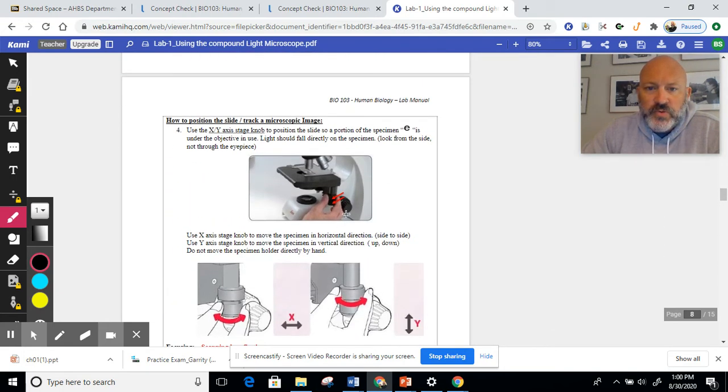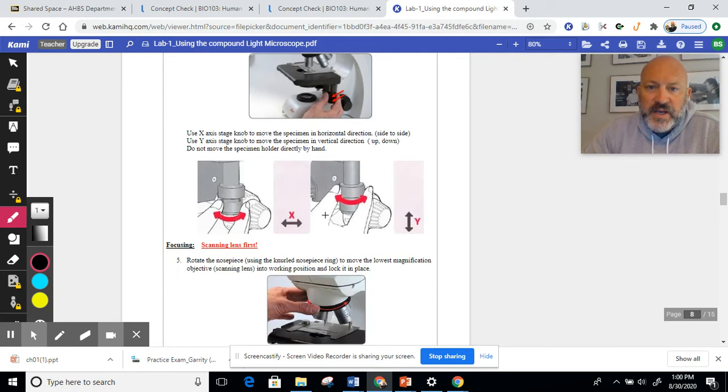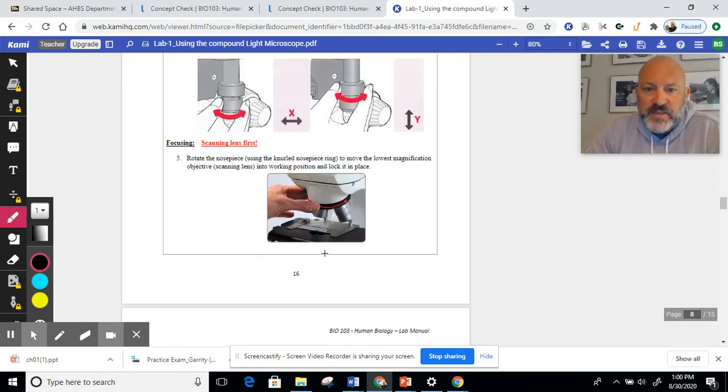You would want to use your X and Y adjustment knobs to get the slide centered and that letter E right over the beam of light coming through. You would put this slide in the stage clips here, and then use these two knobs to position the letter E so it appears right in the middle here.